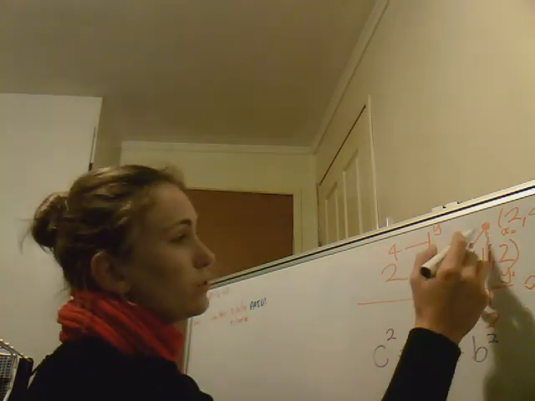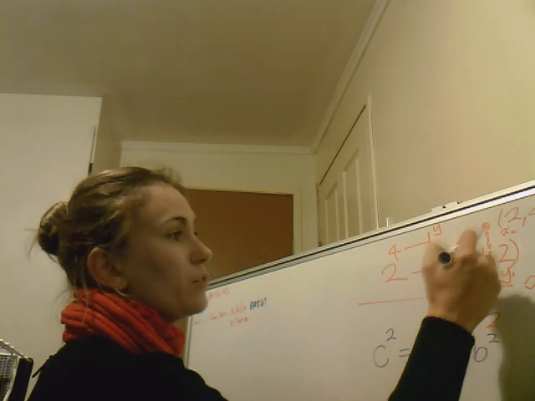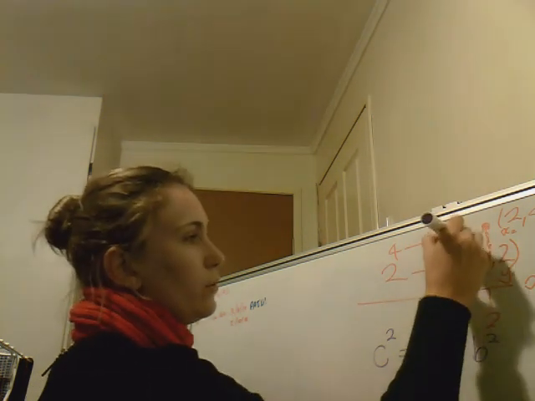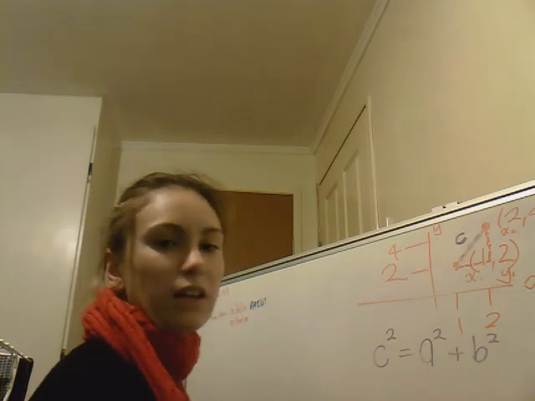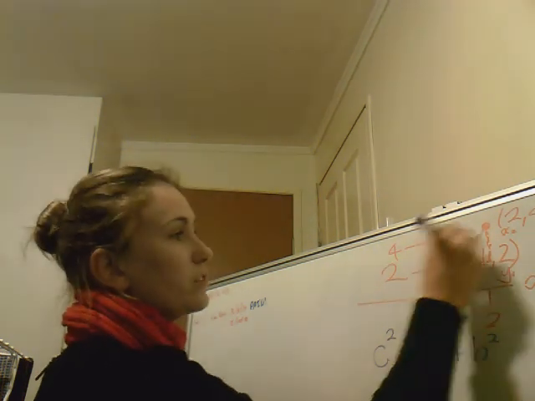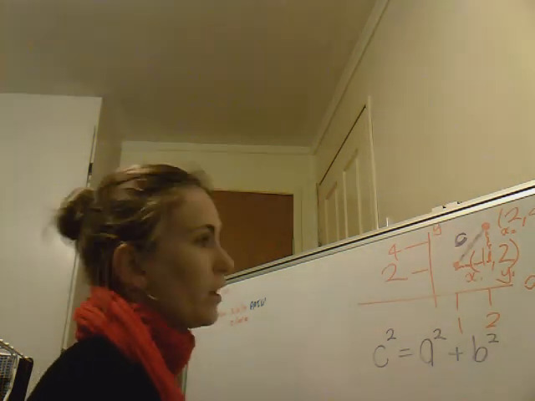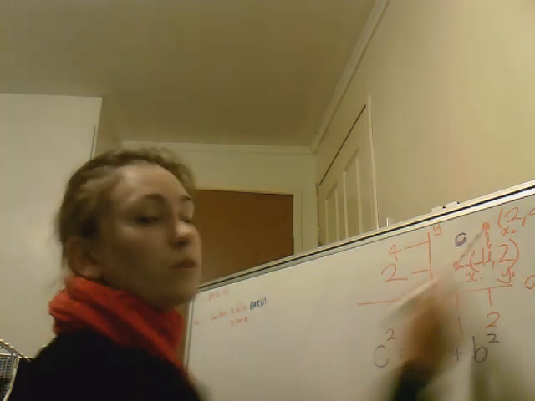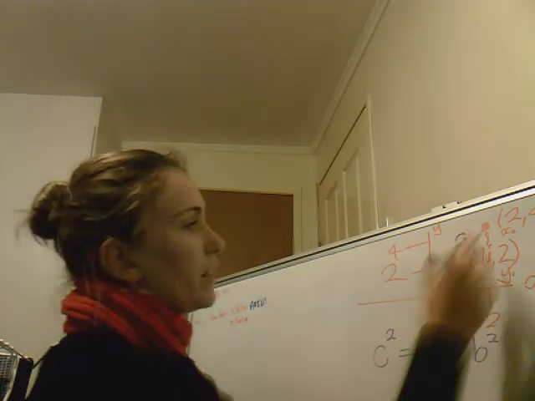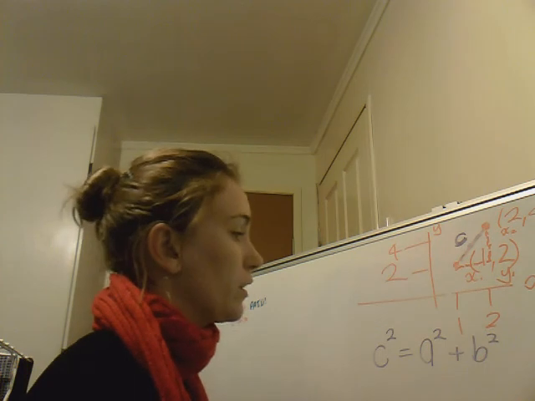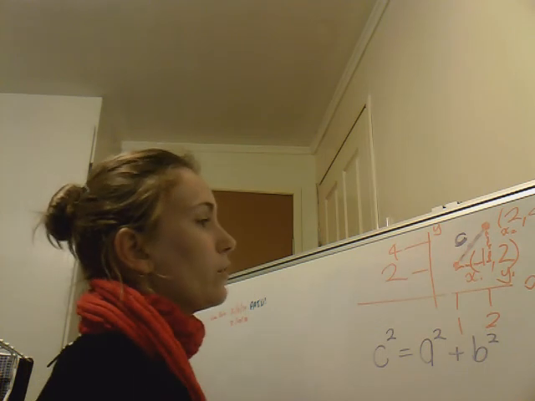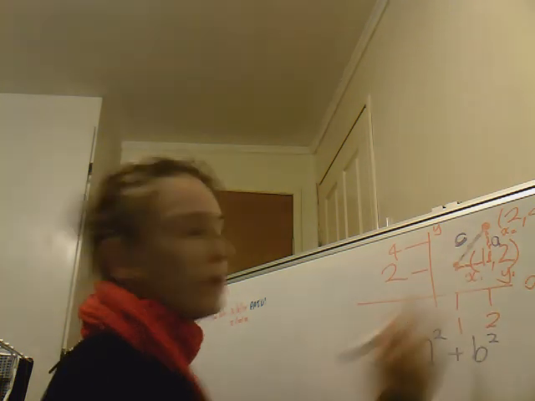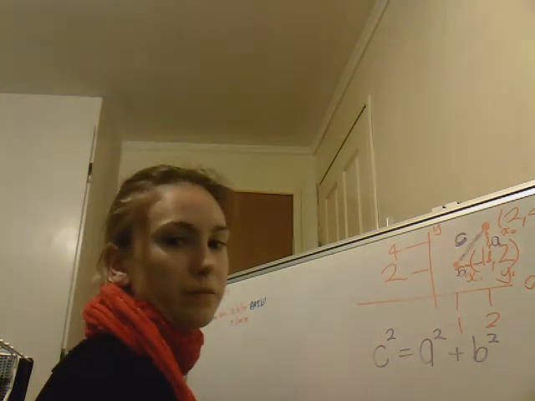We can use Pythagoras to find the value of this line if we know the other 2. Our longest line, or our hypotenuse, is known as c. Then we can label either side as a or b. So you can label this one a, label this one b.